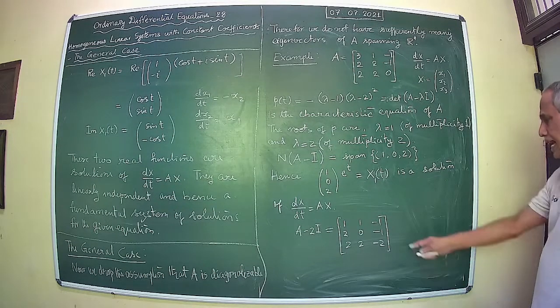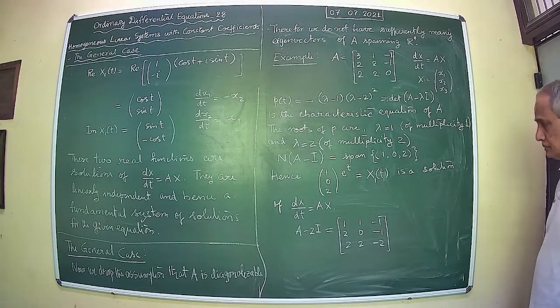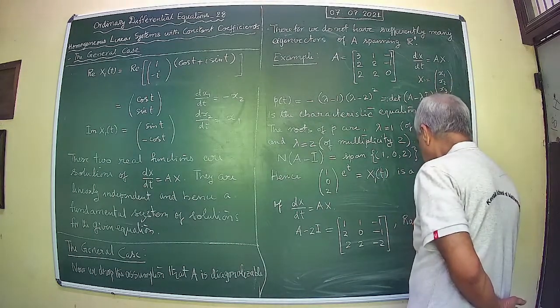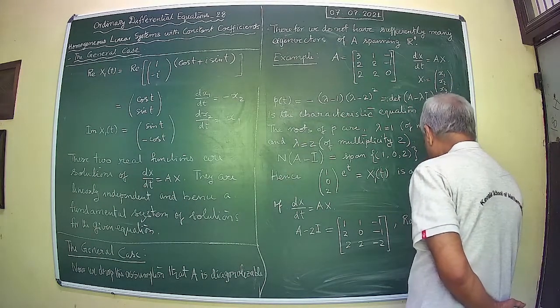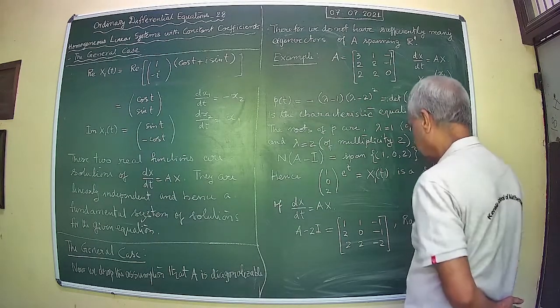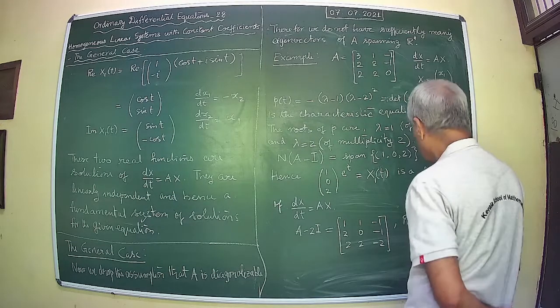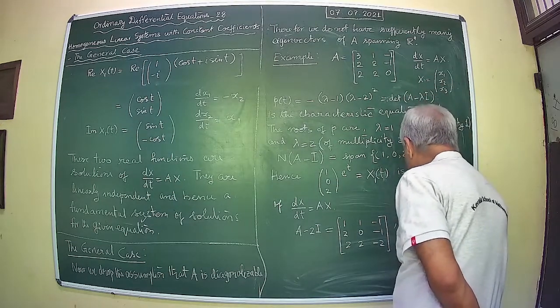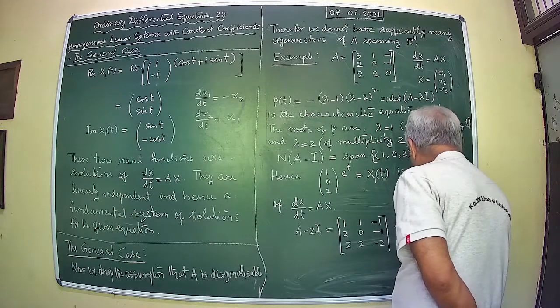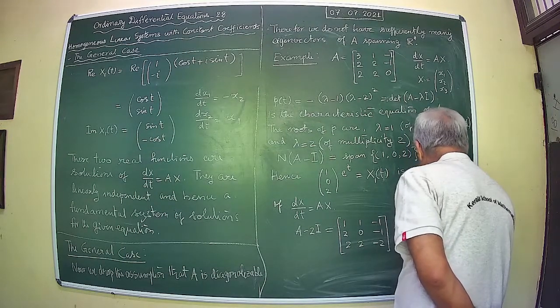Now what about the rank of A minus 2I? It is equal to 2. It means the nullity, the dimension of the null space of A minus 2I, is equal to 1.